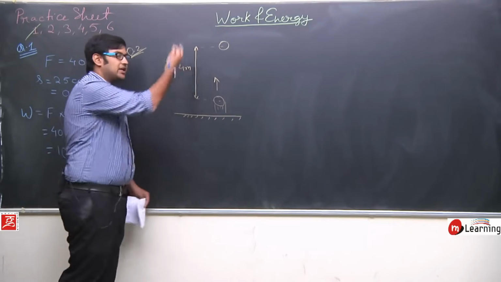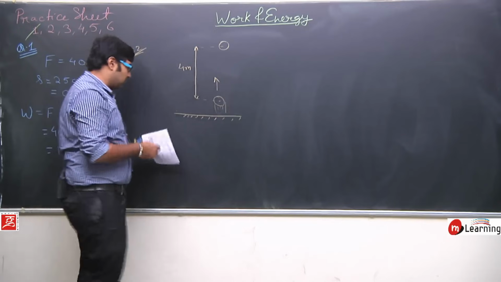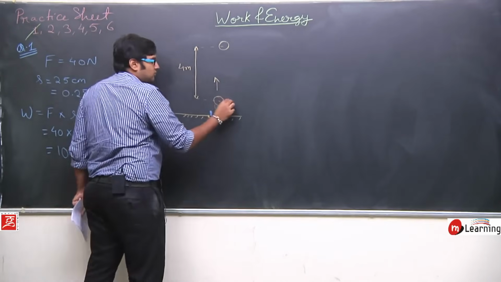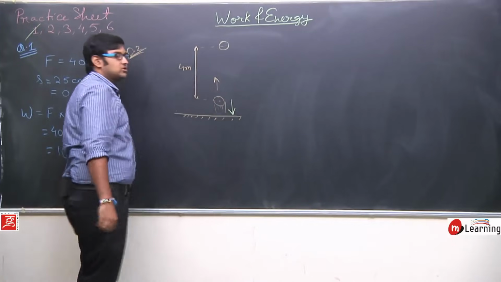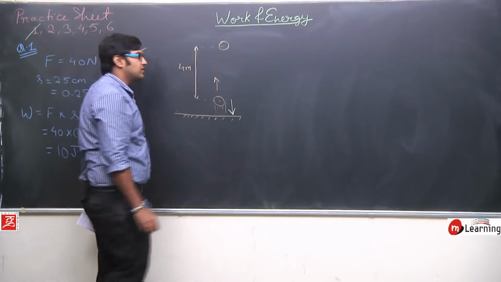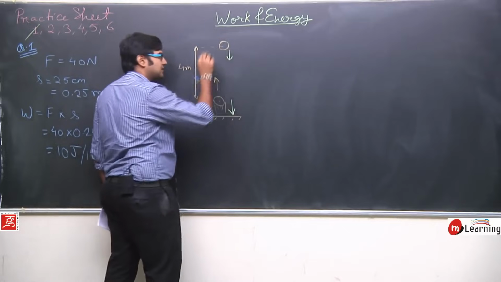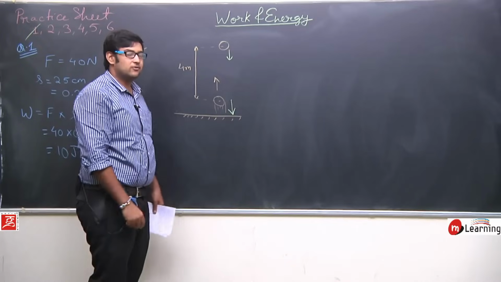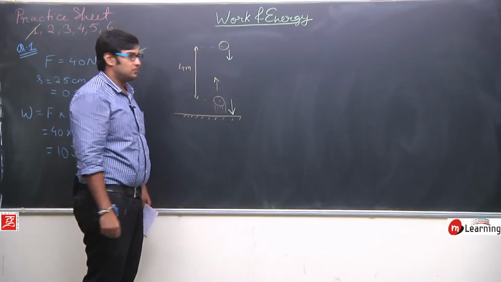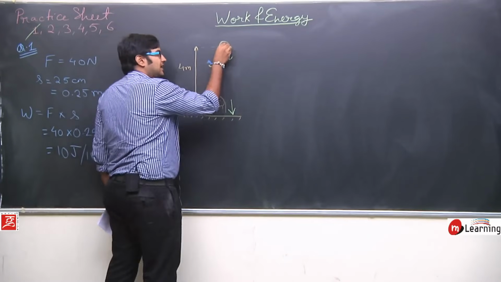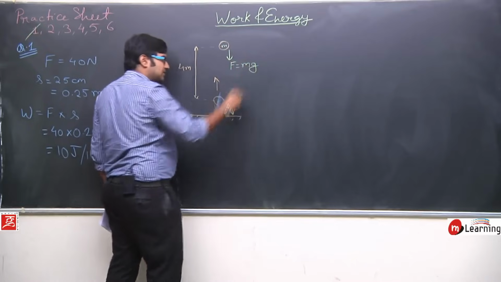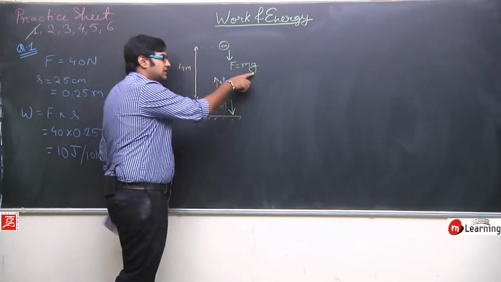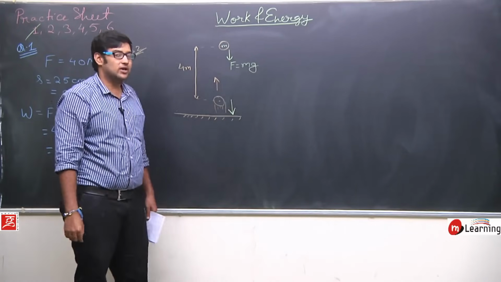So it displaces vertically, and the direction of the force is in the downward direction, because the force of gravity is always downward. Now what is the formula for force due to gravity? If the mass of this ball is m, then force due to gravity becomes m into g, where g is the acceleration due to gravity.